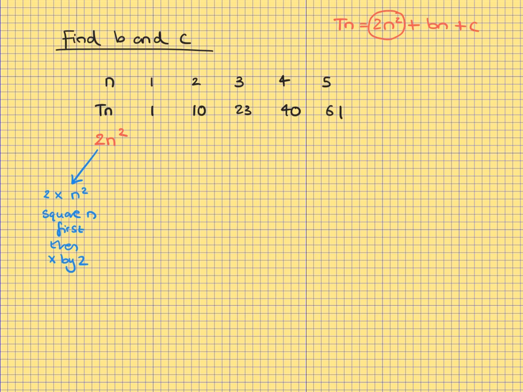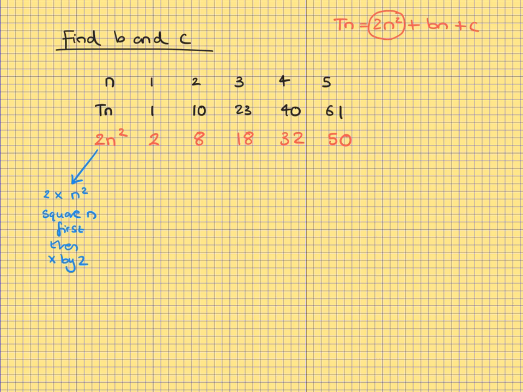So 1 squared is 1, 2 lots of that is 2, 2 squared is 4, multiplied by 2 is 8, 3 squared is 9, multiplied by 2 is 18, 4 squared is 16, multiplied by 2 is 32, and 5 squared is 25, multiplied by 2 is 50.